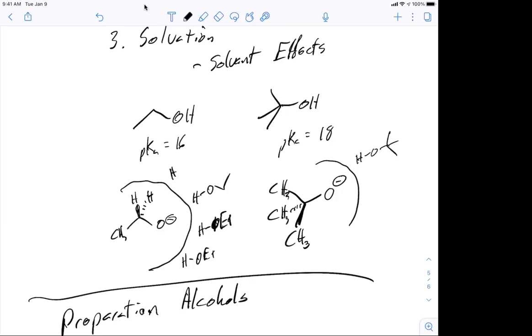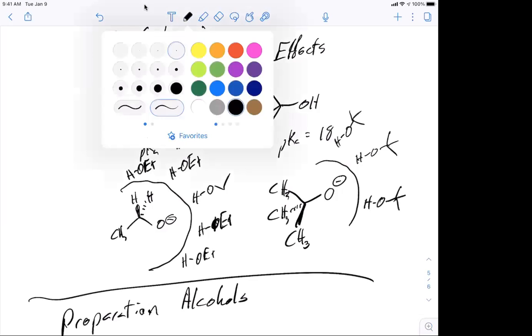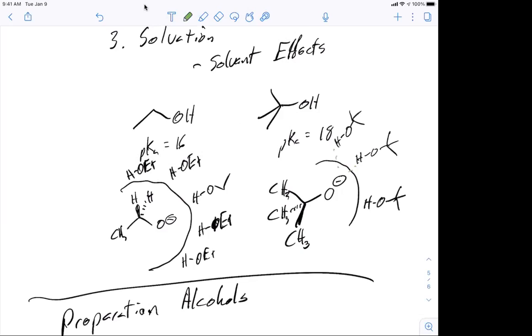And this is a guess. We'd actually have to do modeling, which they have done on this, and probably could find an article with that. But here, maybe we get 3 to stabilize that anion, where here we're going to get many more.